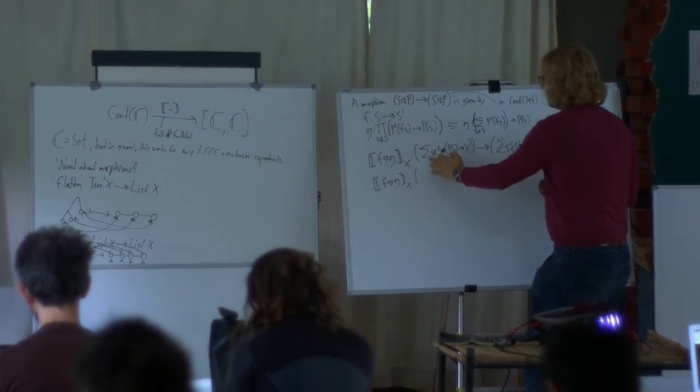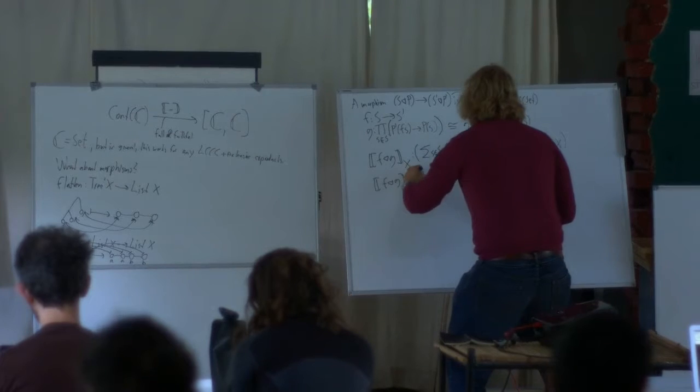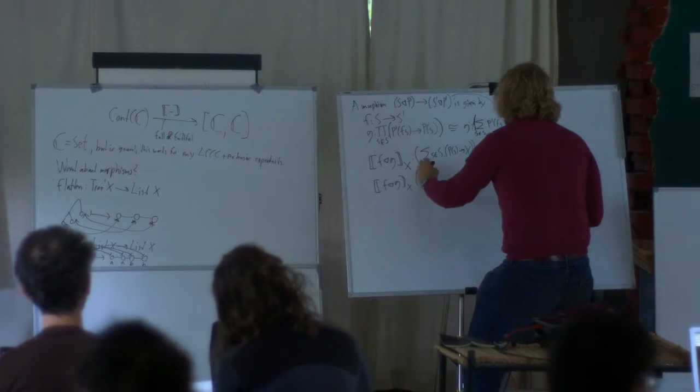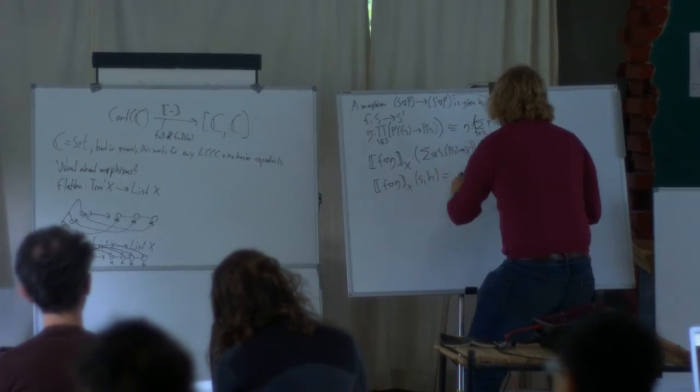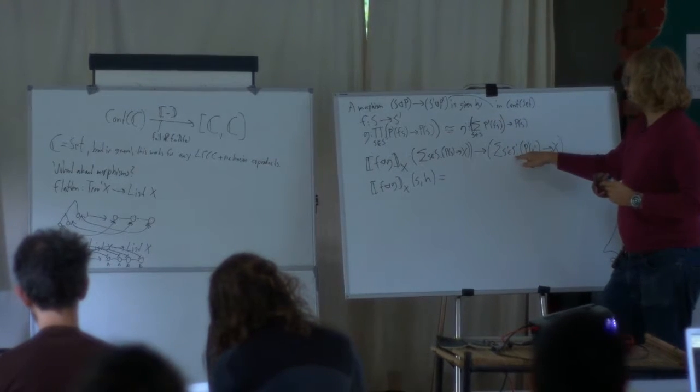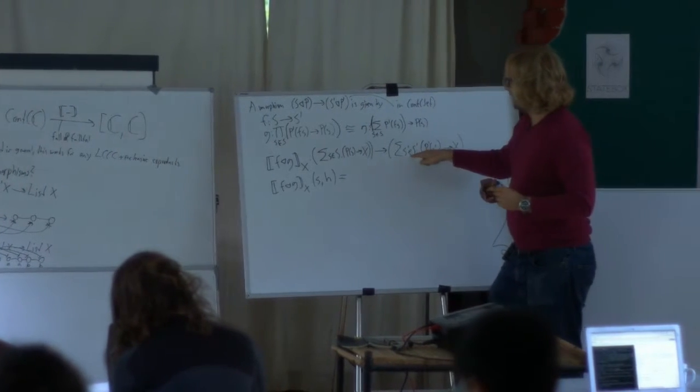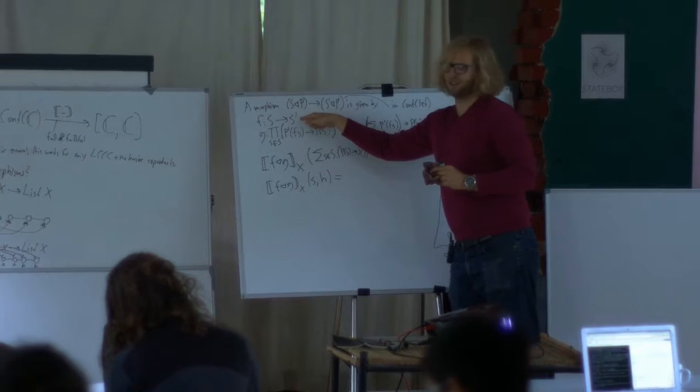Well, given a choice of a shape, s, and some function h of this type, we have to give a shape in the new container, but we have a function f which turns old shapes into new shapes.